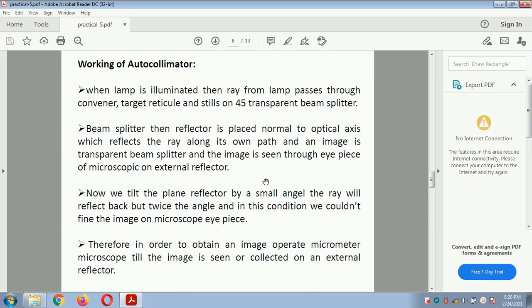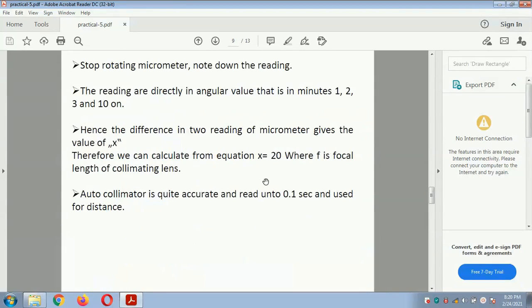The working of the autocollimator. When the lamp is illuminated, the rays from the lamp pass through the condenser, the target graticule and the 45 degree beam splitter. The reflected ray is deviated by twice the angle of the tilt. Therefore, to obtain the image, the micrometer microscope image is seen or located on the external reflector.